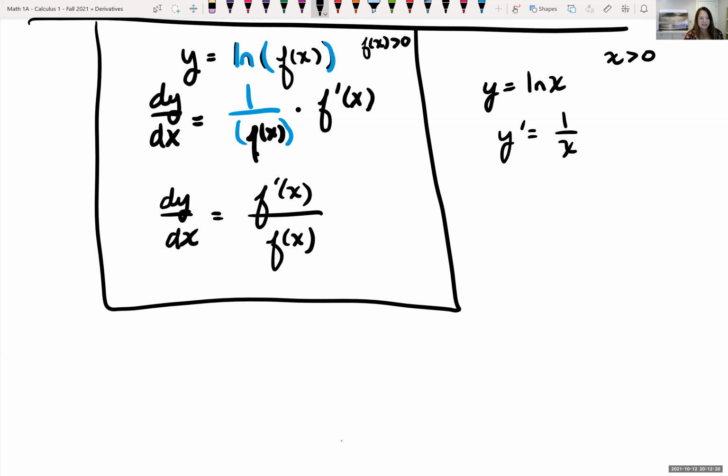Okay, let's look at some examples with natural logs and taking derivatives.